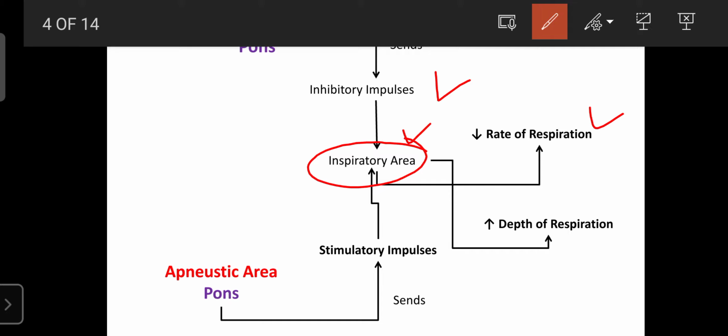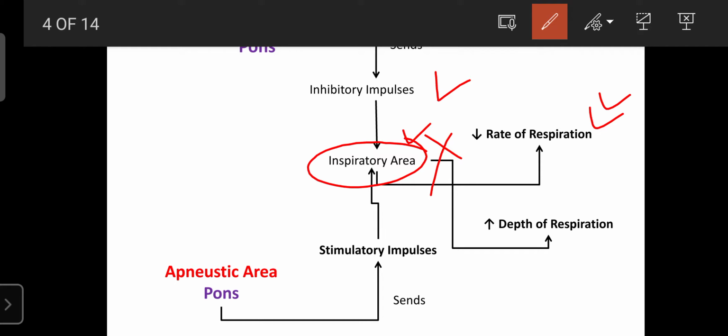When the rate of respiration abnormally increases, it creates a problem in the exchange of oxygen or filling of the lungs with respiratory gas, due to the abnormal increase in inspiration. At that time, the pneumotaxic area sends inhibitory impulses to the inspiratory area, and the inspiratory area stops. Due to this inhibition, the rate of respiration decreases, which is helpful for complete filling of the lungs.